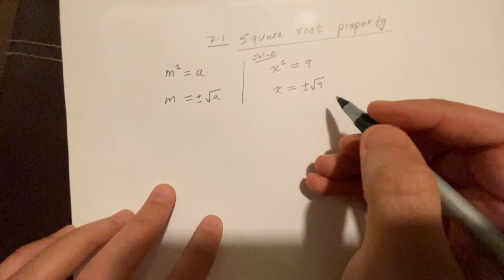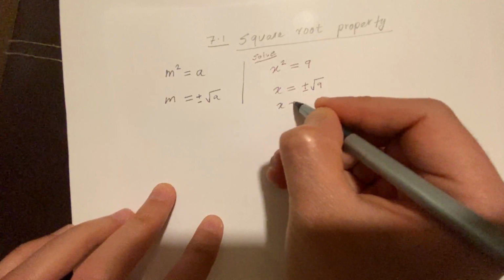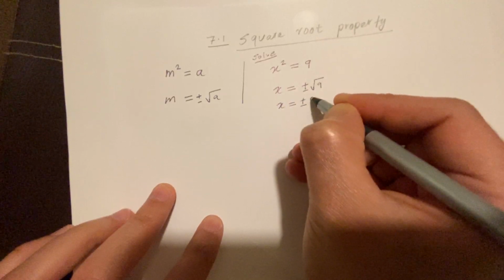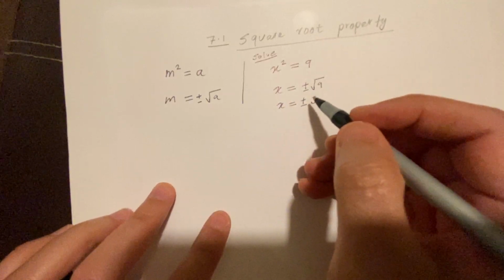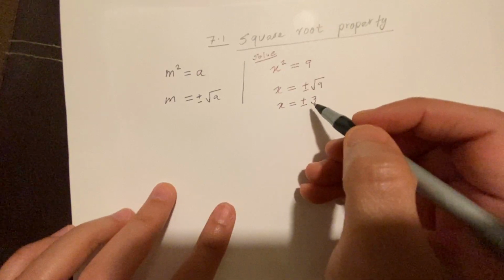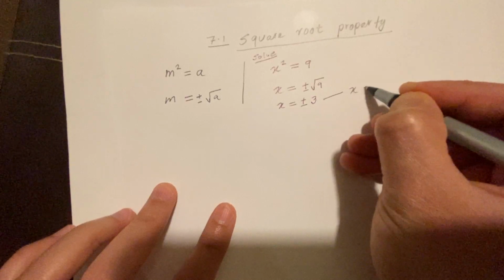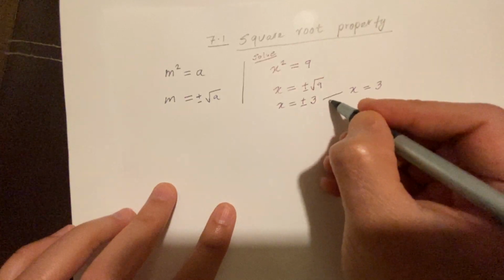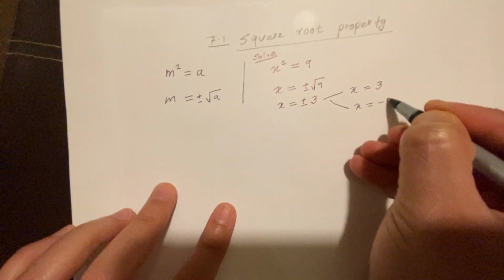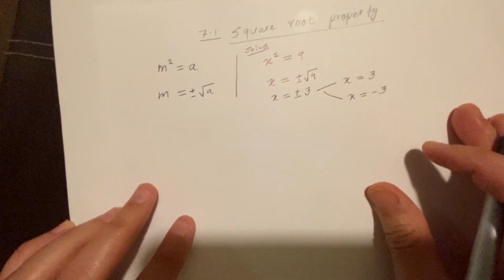So we get x equals plus minus square root of... sorry, just 3, plus minus 3. So from here, now we get two values. x equals positive 3, and the other one, x equals negative 3. All right.